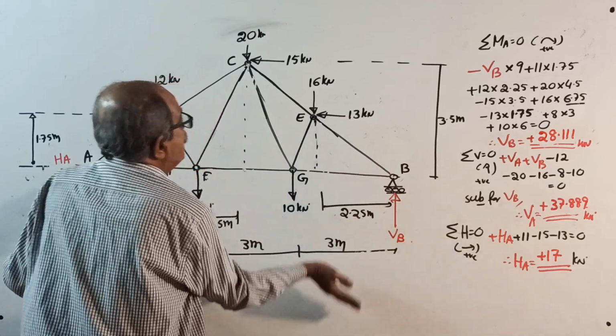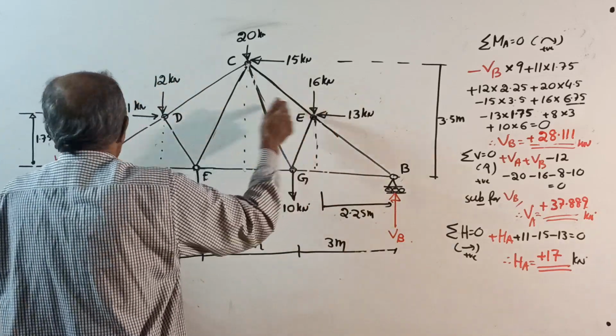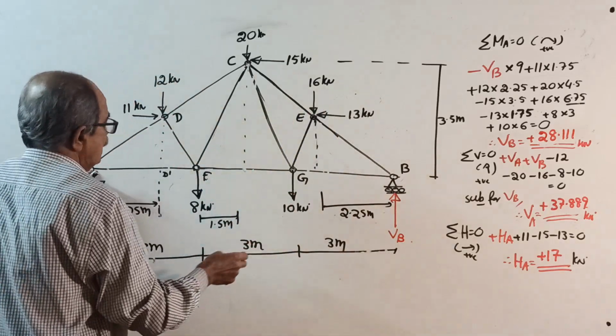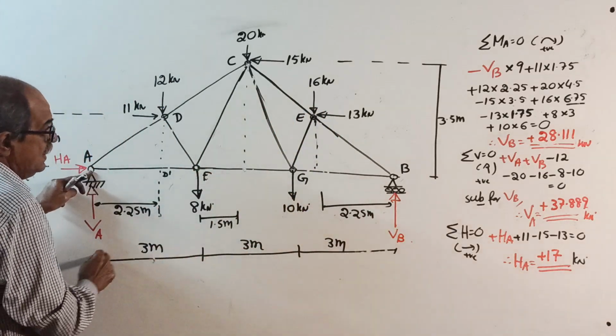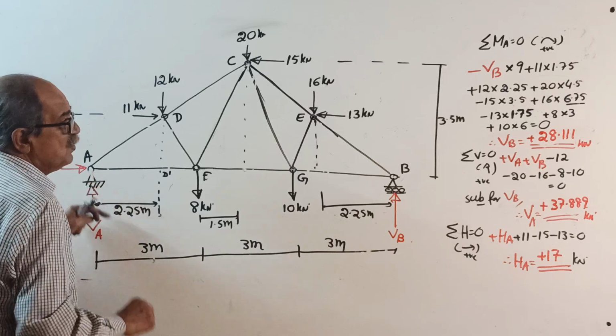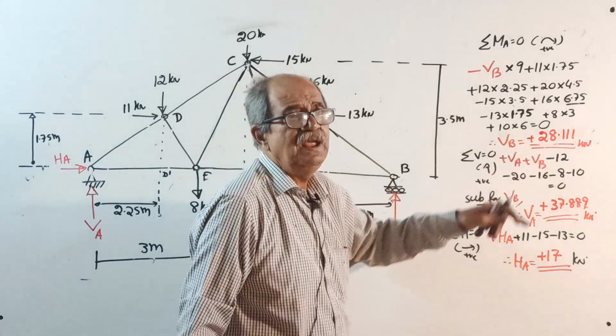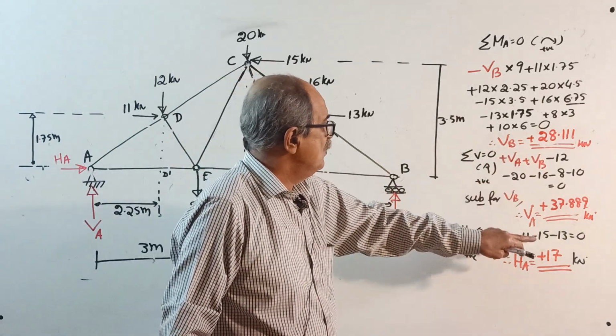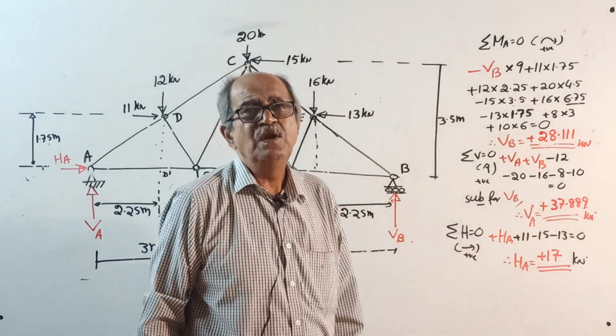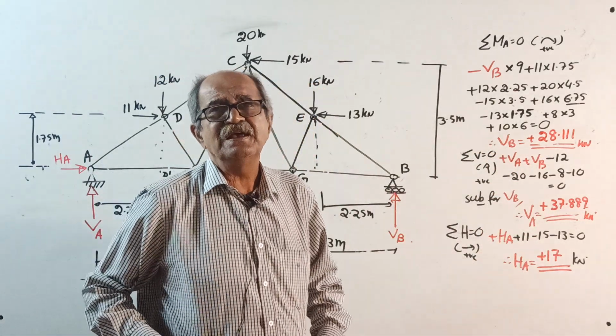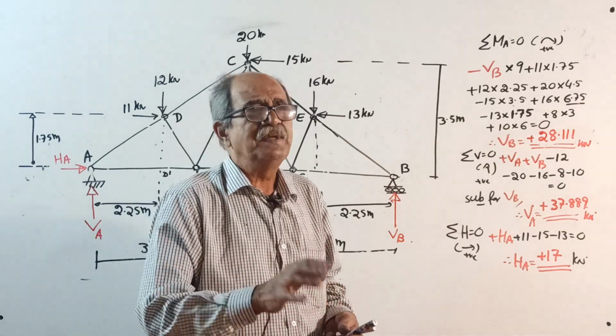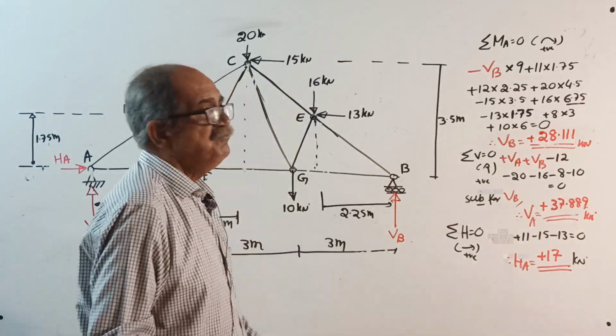Then minus 13 into this height, 1.75, plus 8 into 3 plus 10 into 6 equals 0. You will get VB. Sigma V equals 0, sigma H equals 0, I need not explain. If someone asks you to explain that also, stop the class. Okay, over.